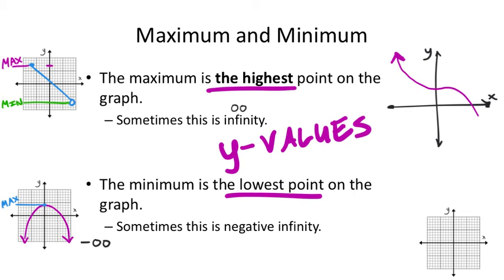Now, the last special case you're going to see is something that is curvy, but it kind of flattens out the line. So you may see a line that looks something like this. I think I can do better than that. Let's try that again. Okay, then you'll see that it's got an arrow pointing to the side right here. This one goes up. So if this one asks for a maximum and minimum, the maximum I can see is going to go all the way to positive infinity.